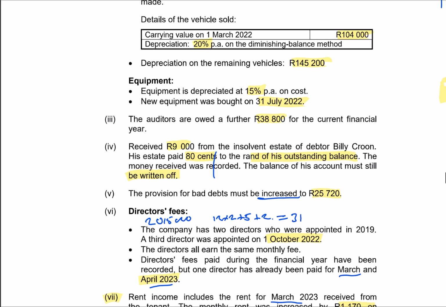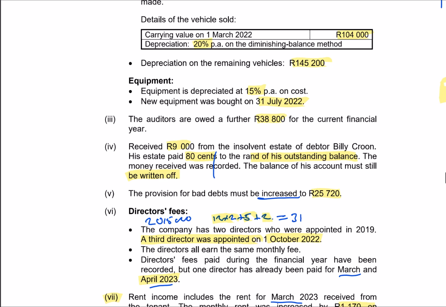What you basically say, remember these 2 months are for March and April. That was paid after for the next financial year. Then these 5 months are for this director who was employed from 1 October. Then these 12 months by 2 are for the director that started right from the beginning of the year up to the end of the year. So in total is 31.